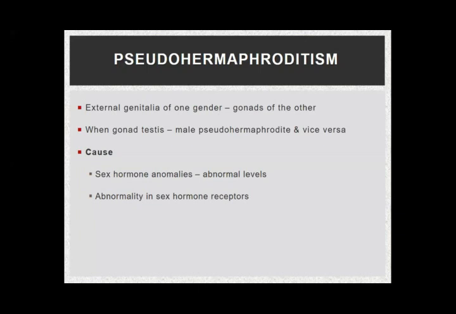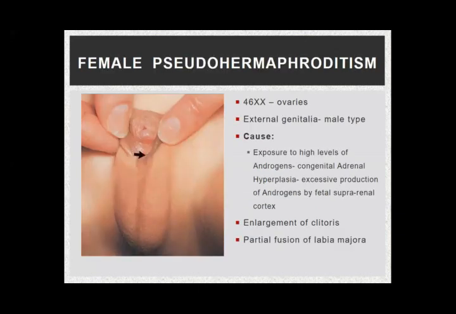Female pseudohermaphroditism, इसमें it is 46XX. ठीक है? And the gonad is an ovary, but the external genitalia developed resembles that of a male.